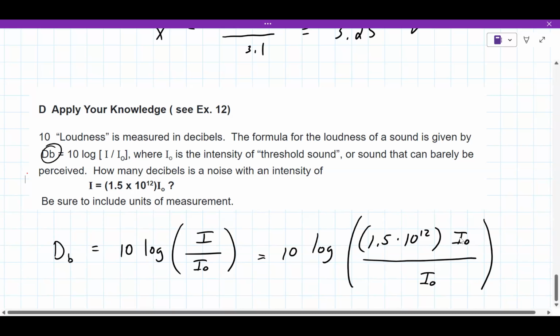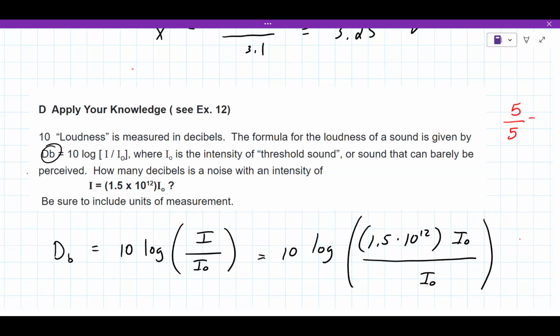No, think of it as X over X or 5 over 5. What do you do to those? What is 5 divided by 5? 5 divided by 5 is 1. Okay. How about X divided by X? Wouldn't it also be 1? Yes. So what is I0 divided by I0? 1. Yes. They just cancel.